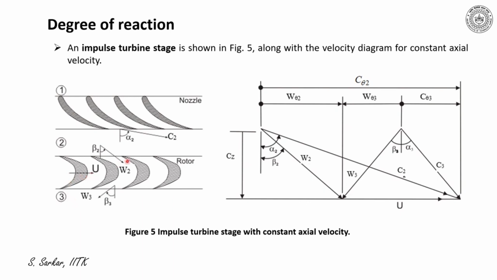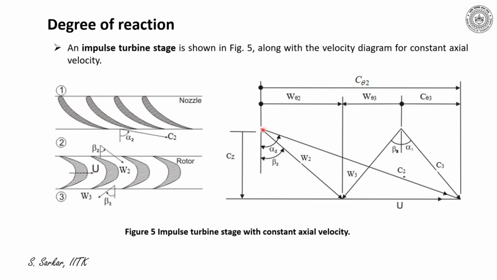Now, since there will be no pressure drop occurring in the rotor, W2 in magnitude must be equal to W3, and thus beta 2 in magnitude must be equal to beta 3. Following this, we can draw the velocity triangles, both inlet to the rotor and exit from the rotor, superimposed here.